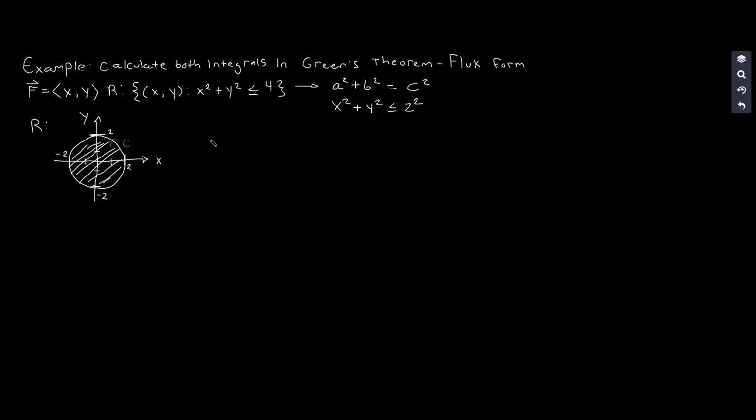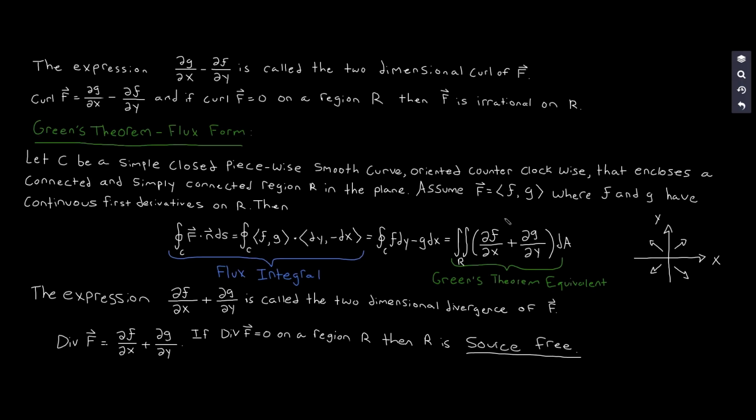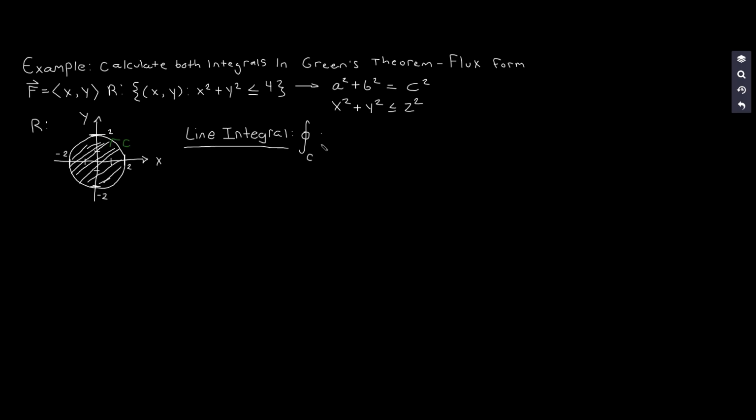Line integral. Let's talk about the line integral formula. So this is going to go from, well, this is the closed curve C, and we're going to look at this. I'm putting it in two ways.